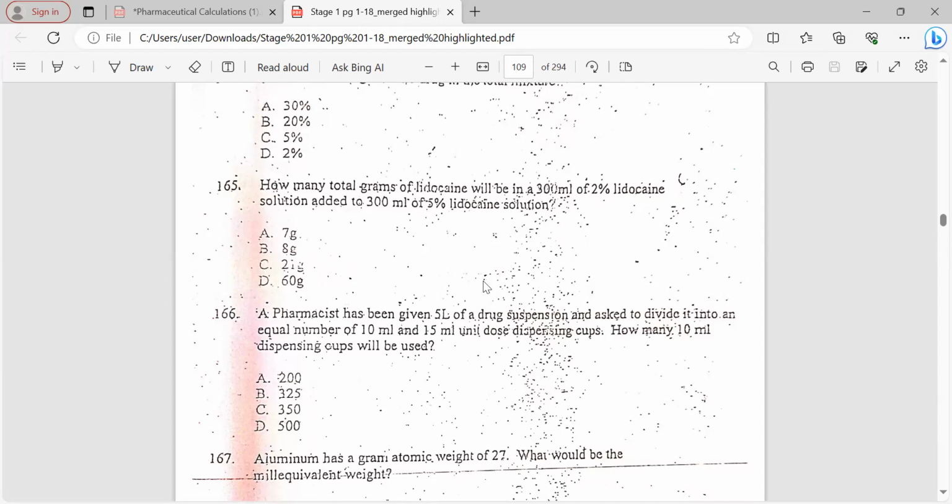So itakuwa ni 2 over 100 so that we convert to grams from the percentage. So 2 over 100 times 300 plus, now the other one, 5 over 100 times 300. So tukapata 21 grams.